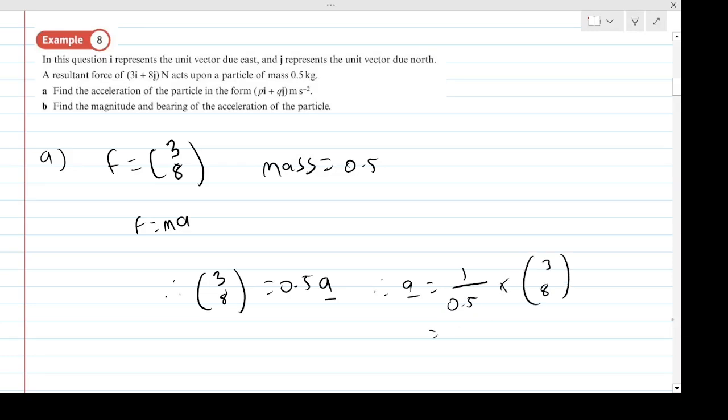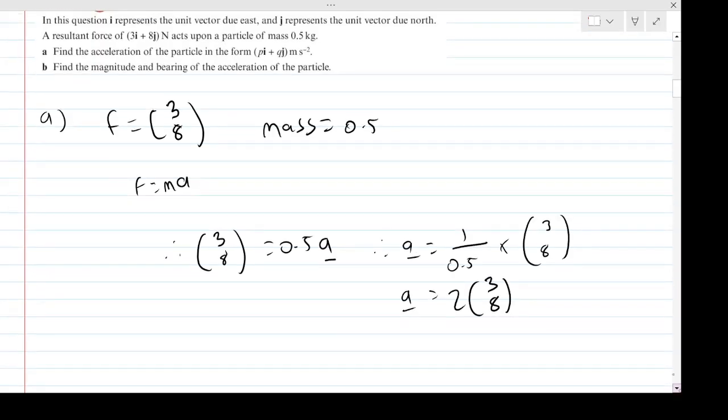Well, 1 over 0.5 is going to be 2. So that's 2 lots of the vector (3, 8), and so that is (6, 16). And there we are. And then in terms of i and j, that's going to be 6i add 16j. And the units again are going to be meters per second squared, and so there we are. That's the acceleration. So that's the idea essentially.